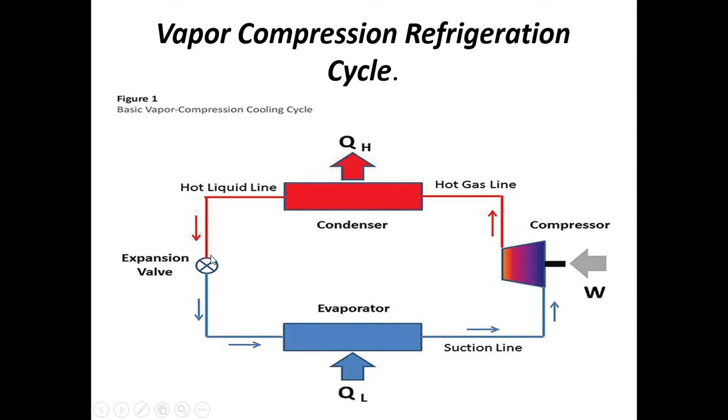That is, when refrigerant expands during its passage through the expansion valve, a part of it vaporizes, and the latent heat for vaporization is taken from the remaining liquid. So there is a drastic drop in the temperature of the remaining liquid, whereas a part of the refrigerant is in the vapor form. After the expansion valve, the temperature of the liquid refrigerant drops to a very low value. That is called flashing.